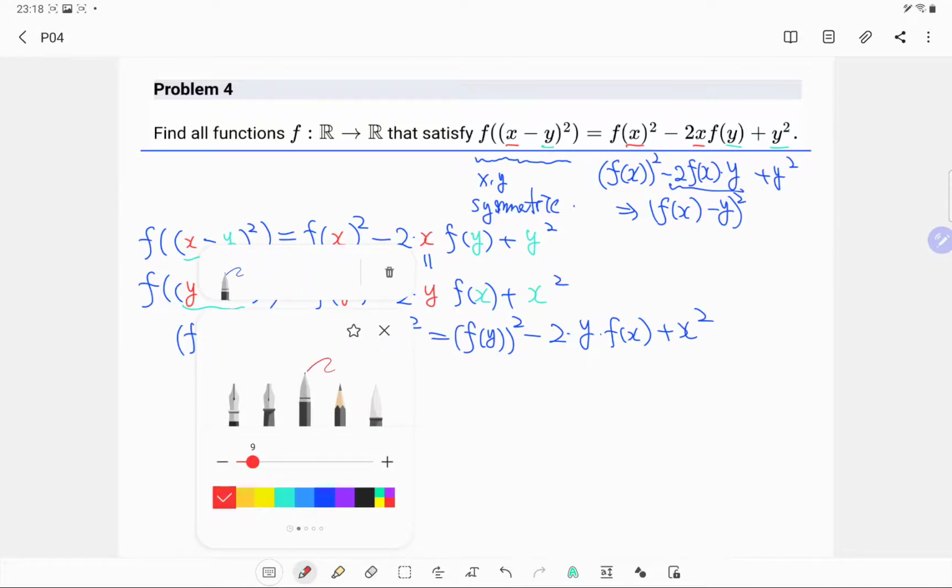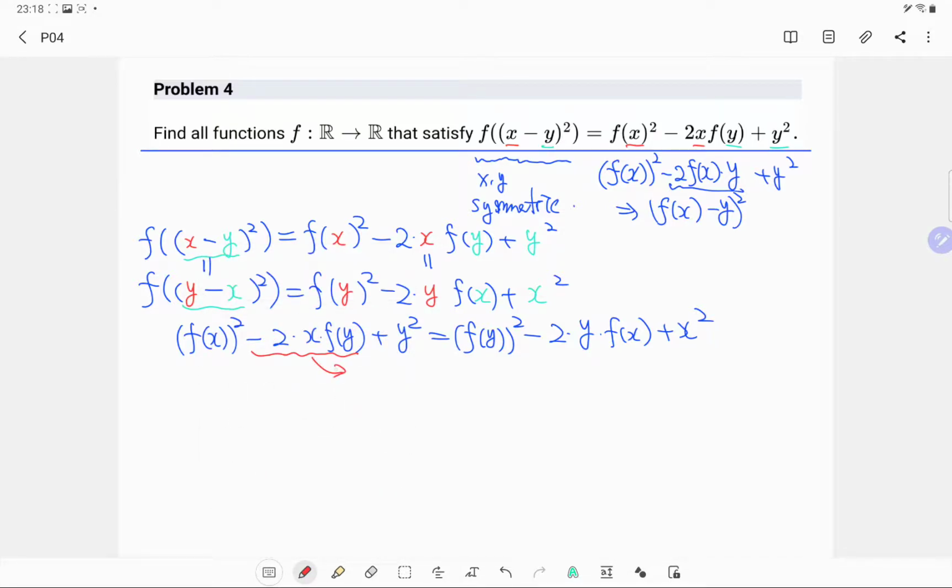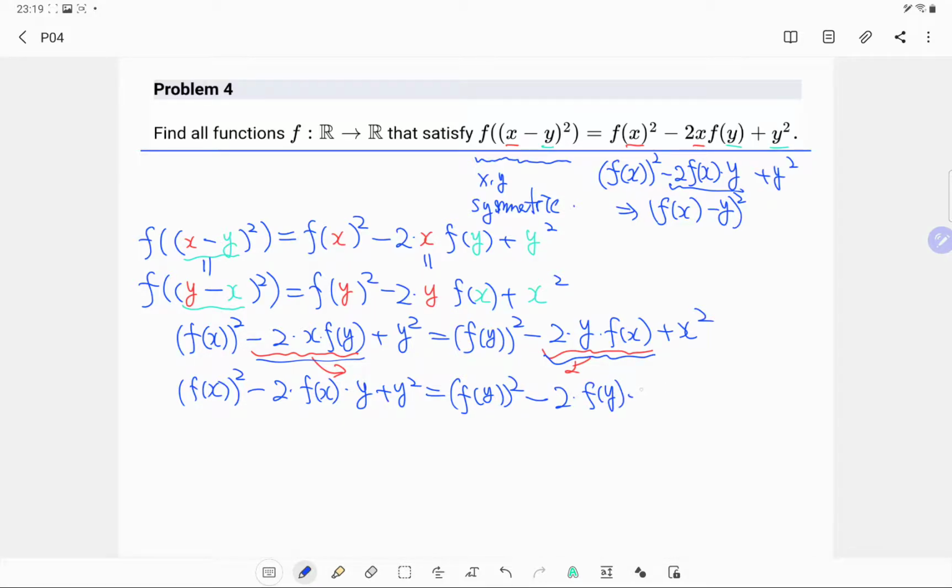Now we can move this term to the right side and move this term to the left hand side. In this case, we have f(x) squared minus 2 times f(x) times y, which is this term, plus y squared, equals f(y) squared minus this term, which is 2 times f(y) times x, plus x squared.